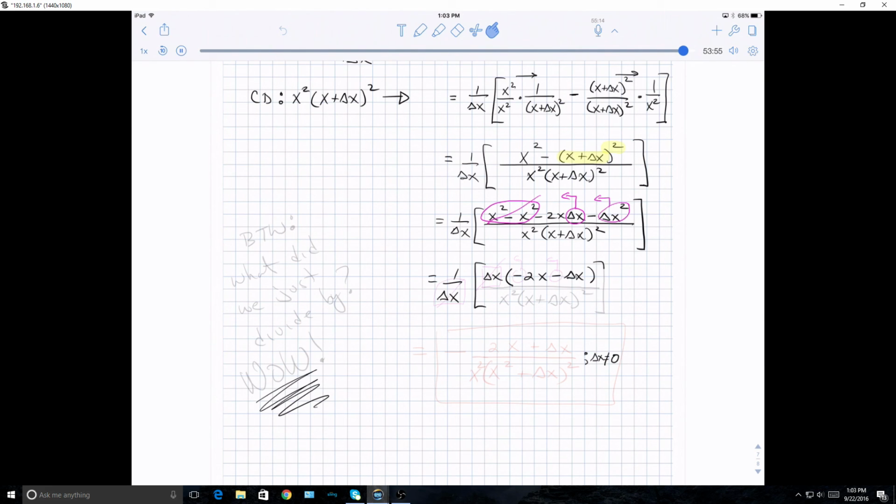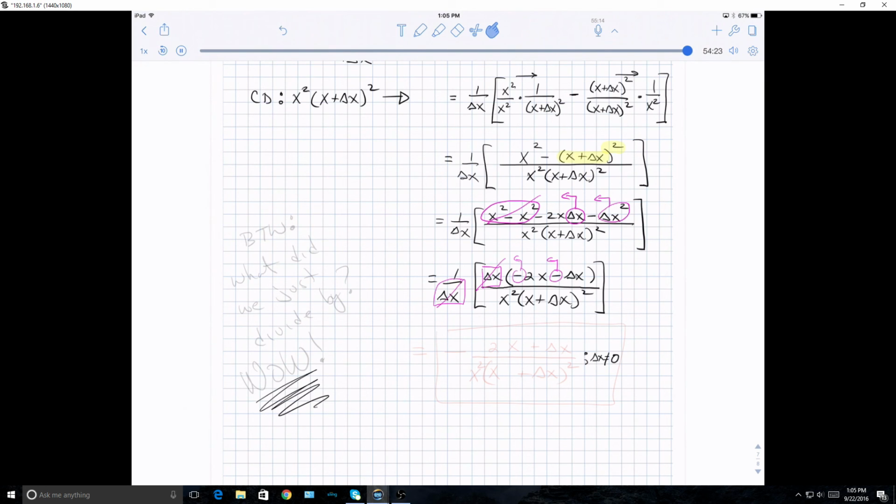Oh, that's interesting. Wow. You see it? Look at that. We're dividing and multiplying by delta x. And then we can factor out a negative.